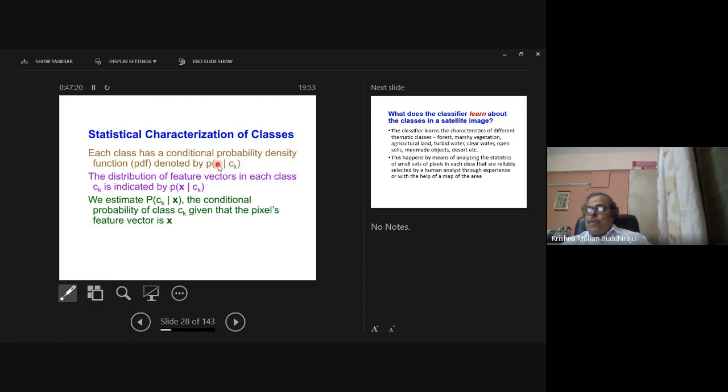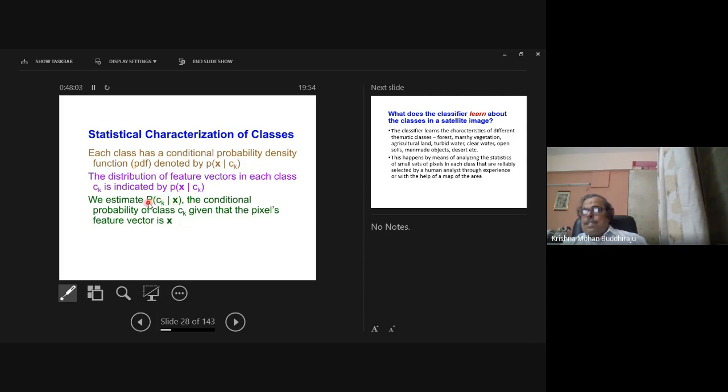This we can compute given the training samples class-wise, and this is what we need to estimate for every new data element that is given the features. Since they are multidimensional, we call them feature vectors. Given a feature vector, what's the probability of each class? So you'll be able to assign this data vector to that class for which this probability is highest.